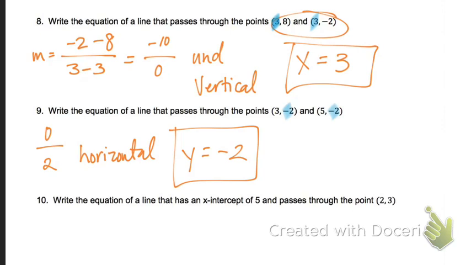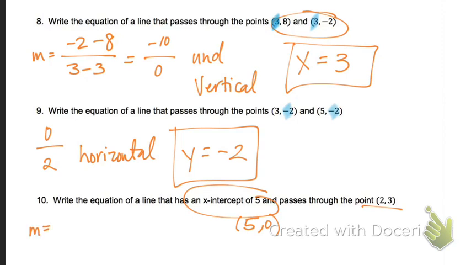Okay, number 10, write an equation of a line that has an x-intercept of 5 and passes through the point 2, 3. This is a fancy way of sharing a second ordered pair. So if I have an x-intercept of 5, what ordered pair is that? 5, 0. Now I'm going to work it the same way that I would in the other problems, where you find the slope first.